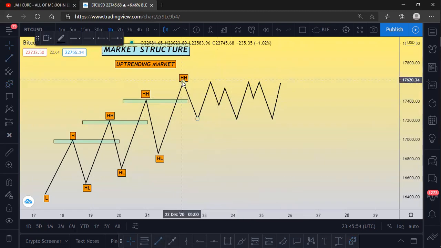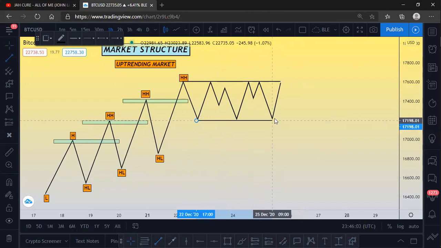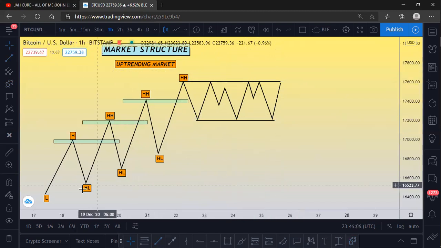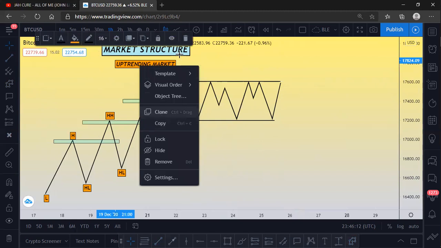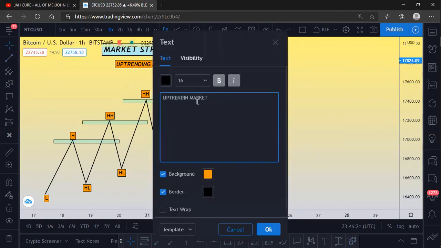Because price is moving within two specific price regions. So now the market is consolidating. Okay, so now we've shifted from basically an uptrending market to a consolidation market, right? So let me highlight this, put this here.